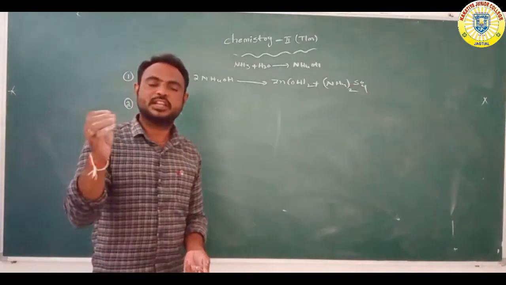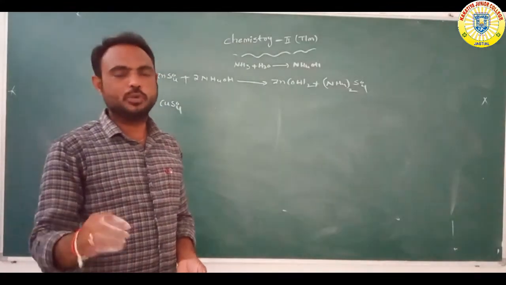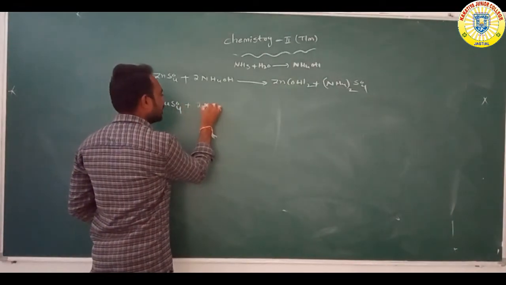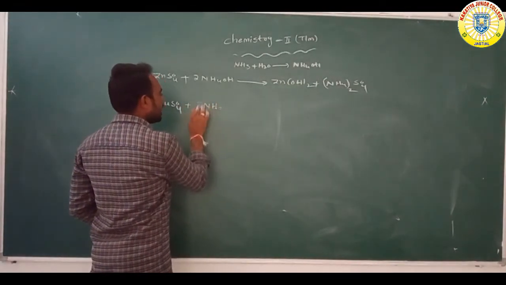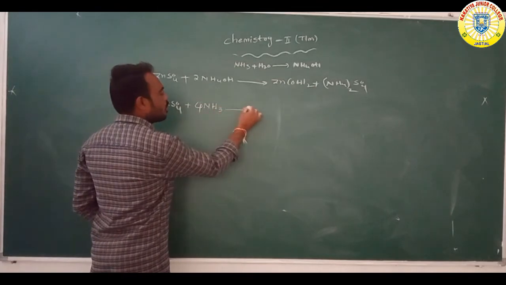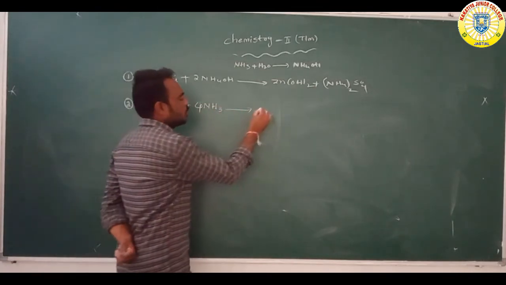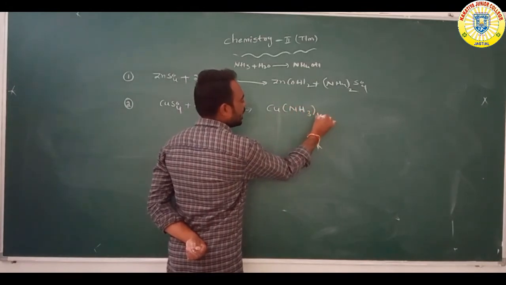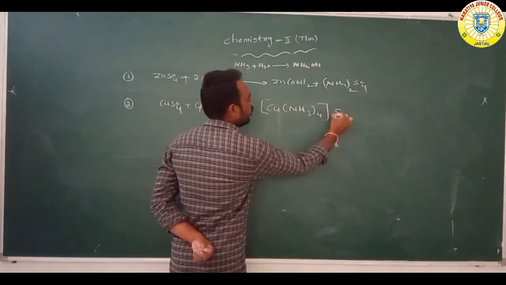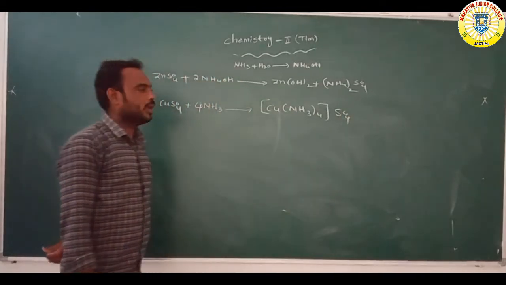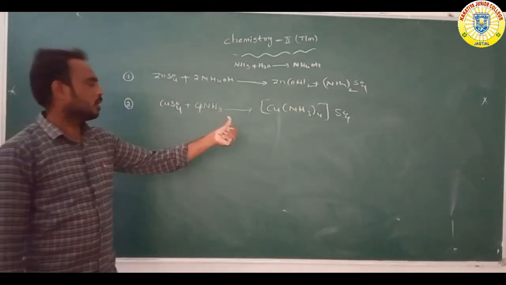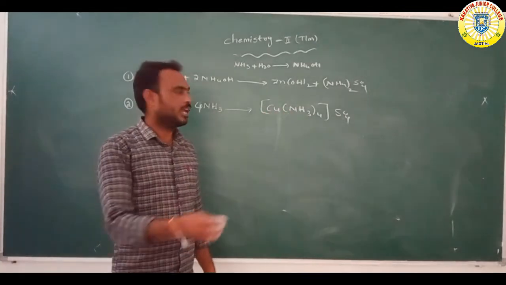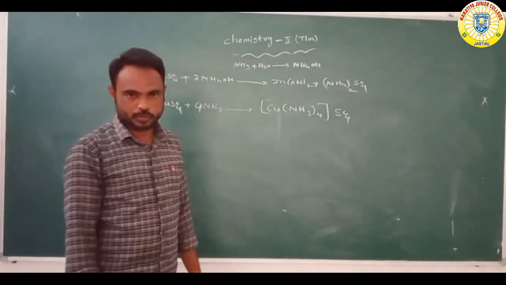Next, the second one reacts with CuSO4, copper sulfate. This copper sulfate reacts with ammonia. In this reaction we get [Cu(NH3)4]SO4, a deep blue colored compound.